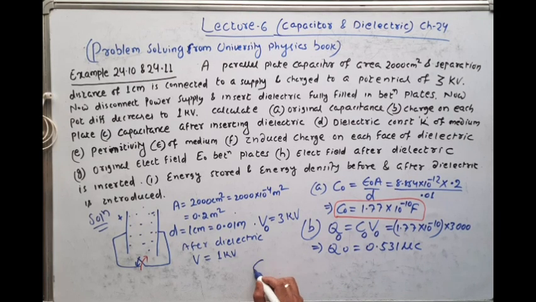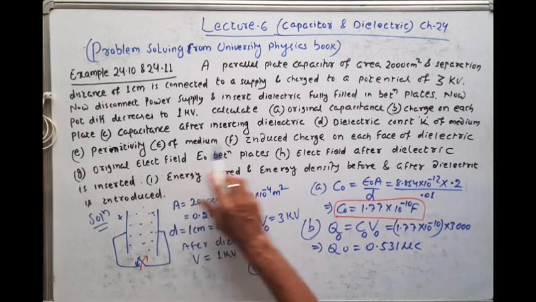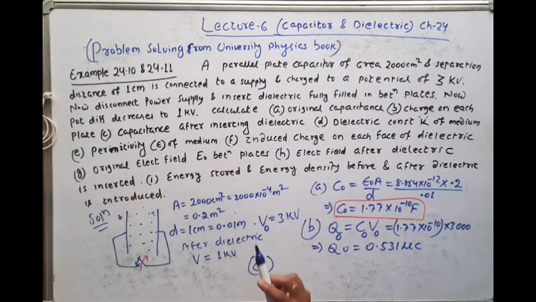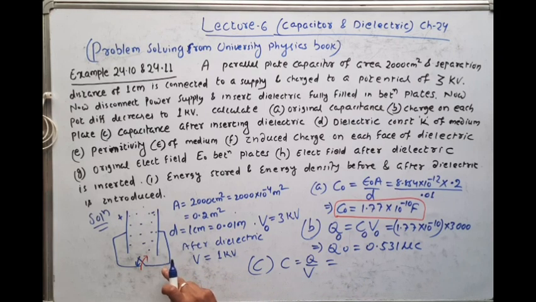Next, the third bit: we have to find the capacitance after inserting the dielectric. We know the capacitance C is equal to Q by V. When we disconnect the supply, the charge does not change. The charge remains constant, but the potential decreases to 1 kilovolt.